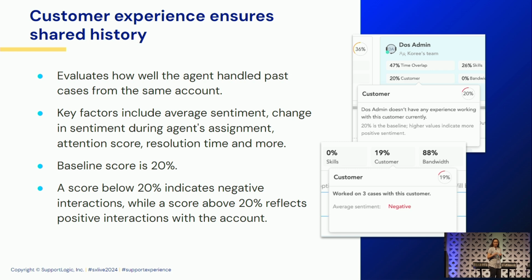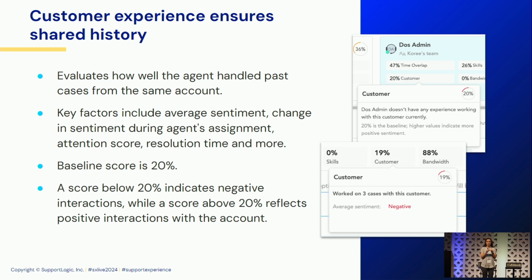Therefore, we are looking for cases already resolved from this account by this agent and trying to figure out, using AI, how much experience the agent has. The experience can be negative or positive, and we want to make sure that we bring this together as well. We're using sentiments, we're using the scores on those cases, etc.